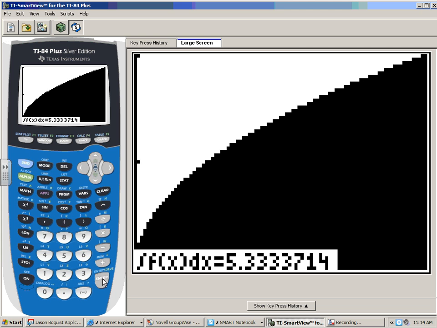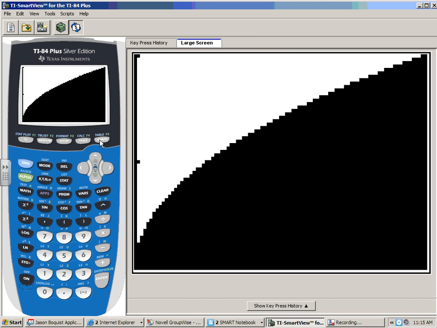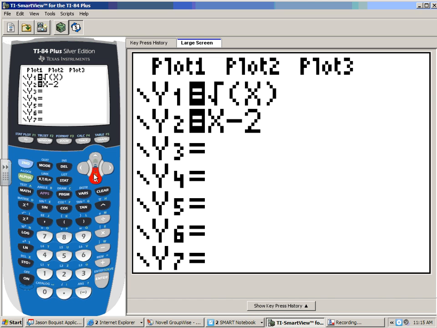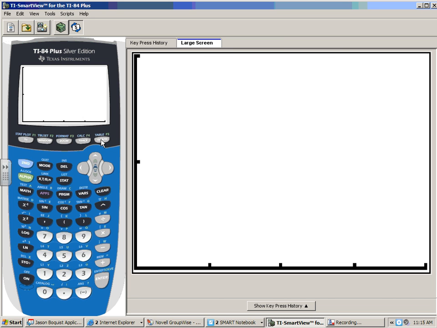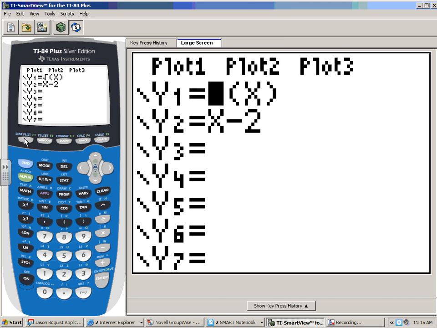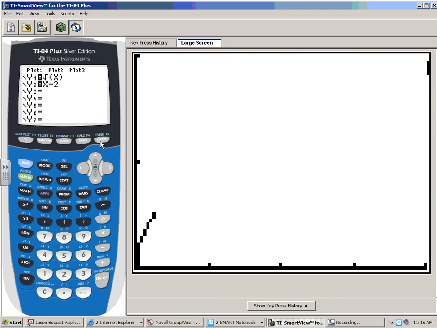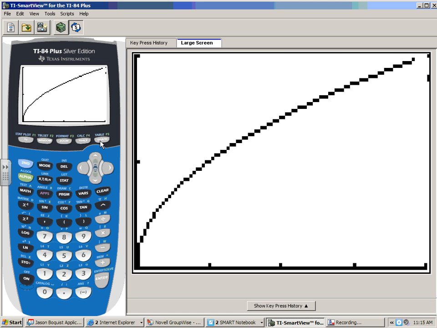Correct? Now what we're being told then, and I hope this works. So that was about 5 1/3.